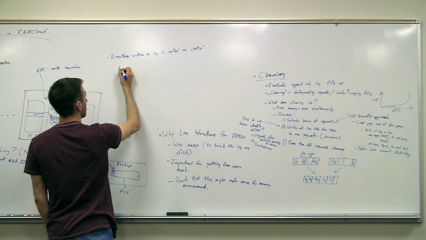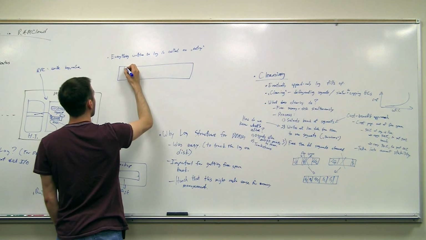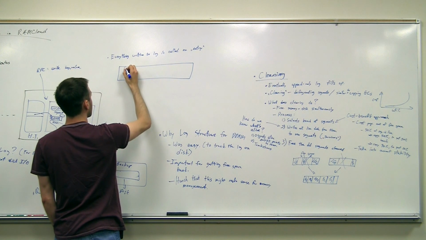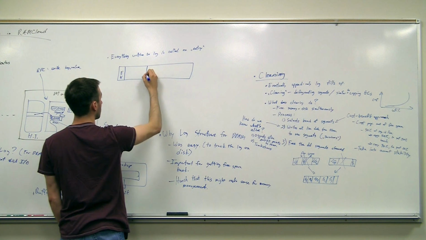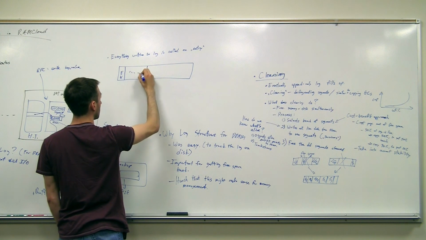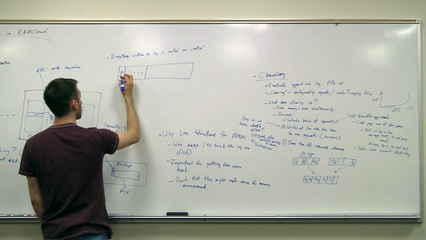If this is an empty segment that we're writing something to, let's say we're writing a new object to this segment. Before writing the object, we actually write an entry header that describes what we're writing, and then we write the object itself, which is a little bit more complicated than just writing the object.